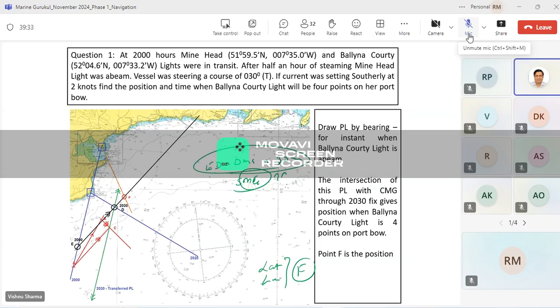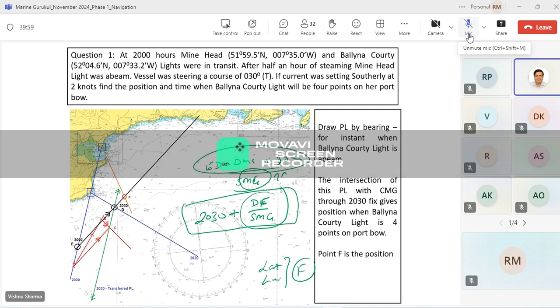And from D, how much distance do I have to make good? I have to make good the distance DF, my mistake, DF, at the speed made good. This is the time I need after 2030, because at D I am at 2030. So if I add it to 2030, will I get my ETA at point F? Yes or no, guys? Please tell me.